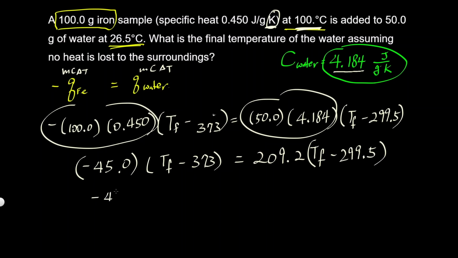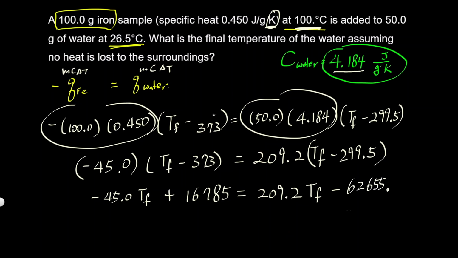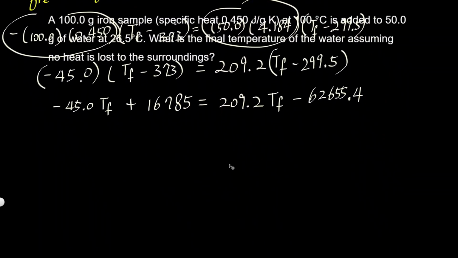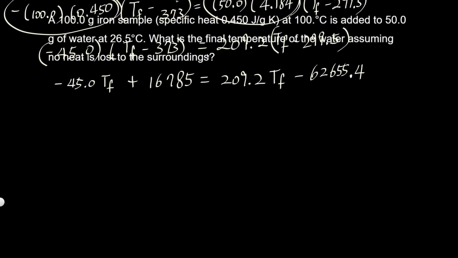So I have negative 45.0 T final, minus, which will make it plus, distribute 45 times 373. It's going to be 16785. That's going to equal, distributing 209.2 T final minus, I get 62655.4. I'm going to move it up a little bit, so I'll bring it down in a minute.